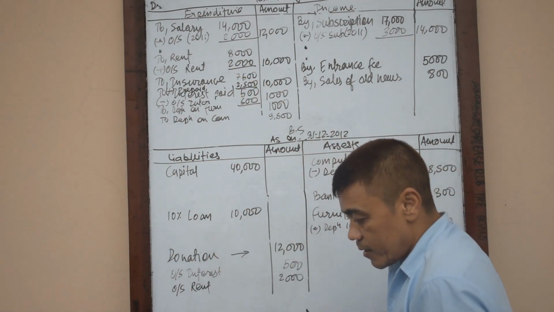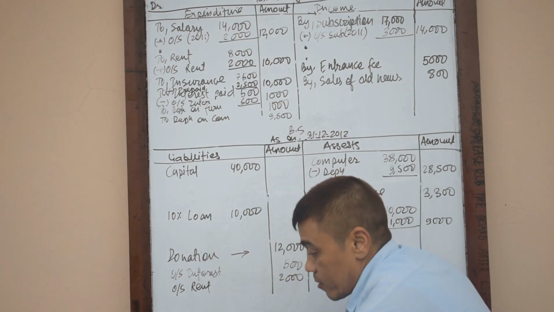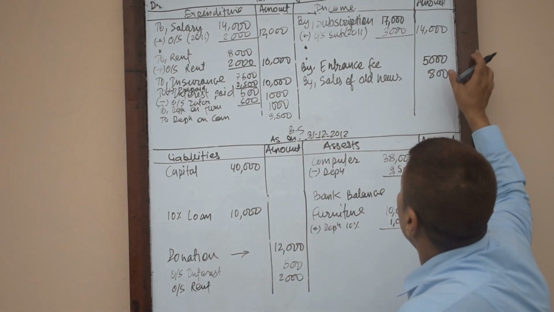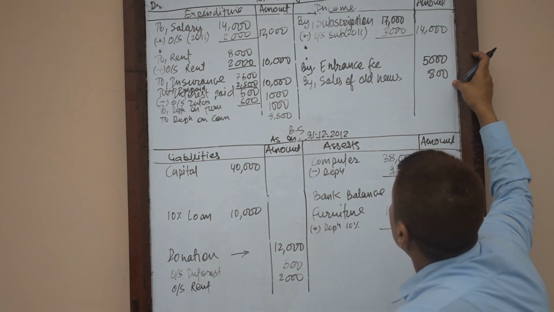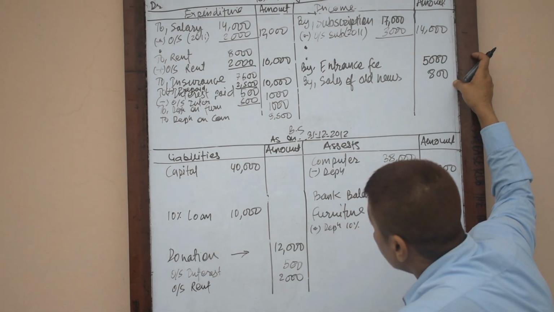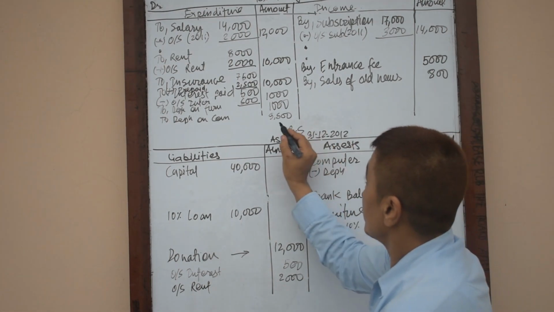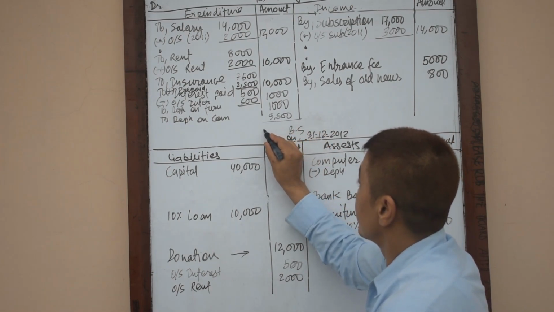So we will add and compare which side is greater. The amount here is 17,000 and this much only, so income is less than the expenditure, so we will add the expenditure side.